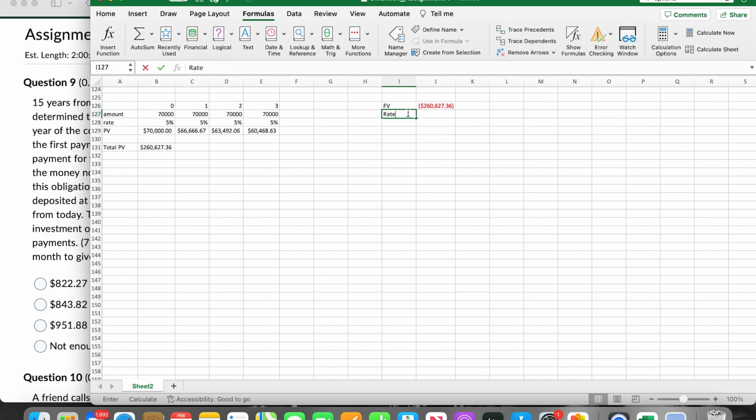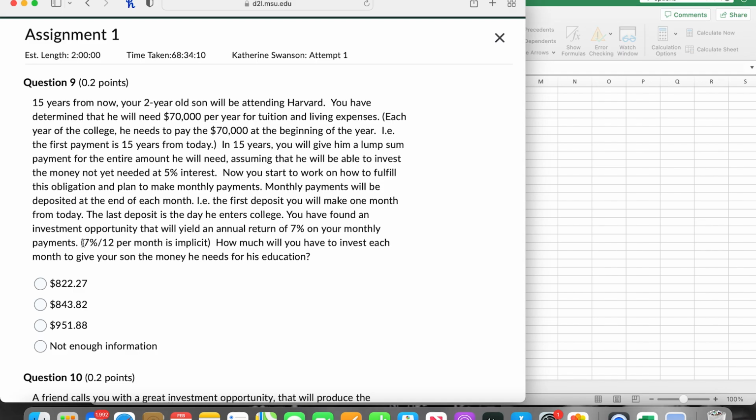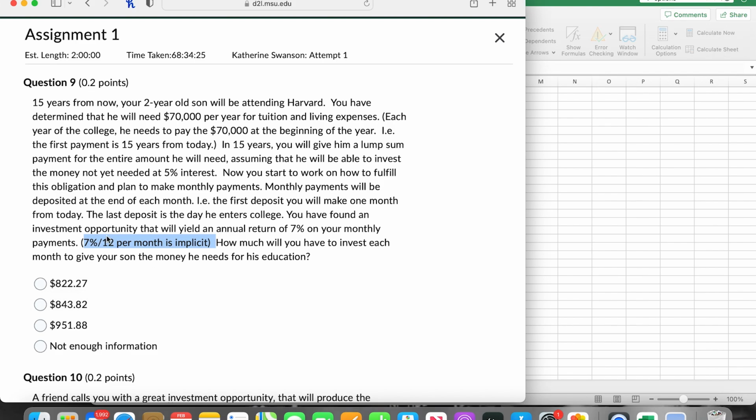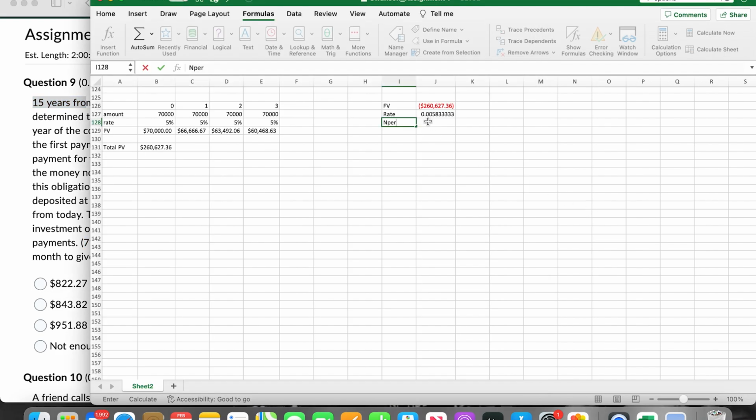And our rate, as we saw, is 7% per 12 months on your monthly payments, so equals 7% divided by 12. Number of periods, as we said, is going to be per month for the next 15 years. So 15 times 12 is 180.